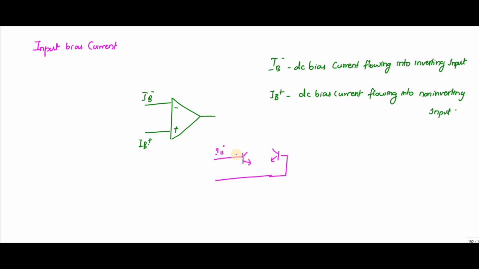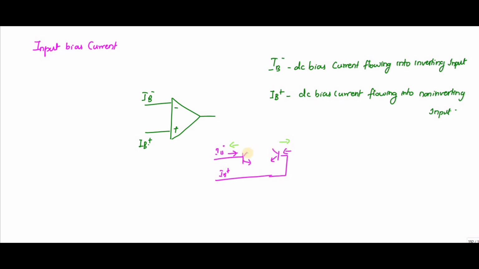If it is an NPN transistor, then IB plus and IB minus flow into the transistor, and if it is a PNP transistor, the current flows out of the transistor. So this is nothing but a biasing current in order to turn on the transistor.